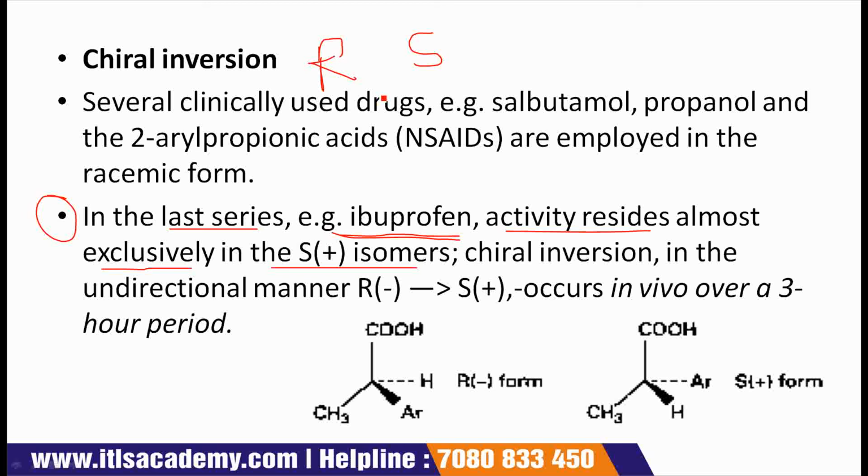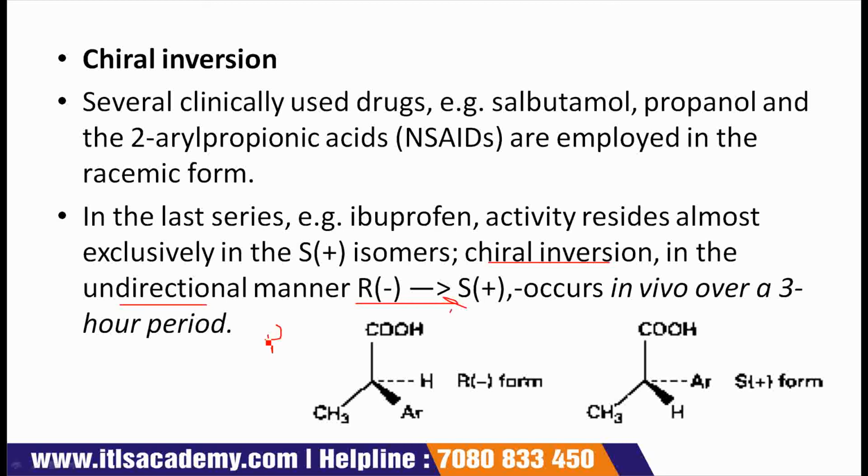So in the last series the activity most of the time favors the S isomer. Chiral inversion is unidirectional, that is from R to S. When the R form converts into the S form, this is known as chiral inversion, and this occurs in vivo over a 3-hour period.